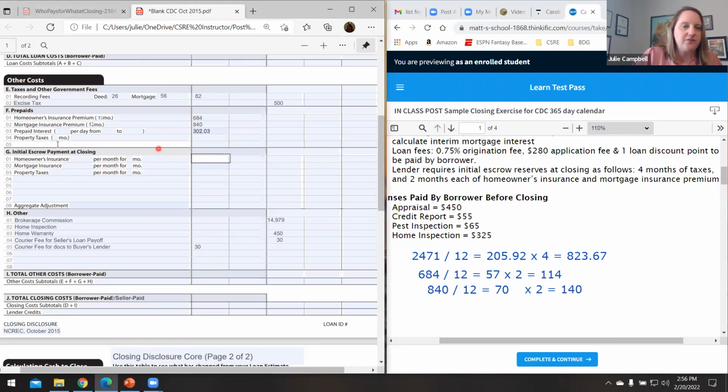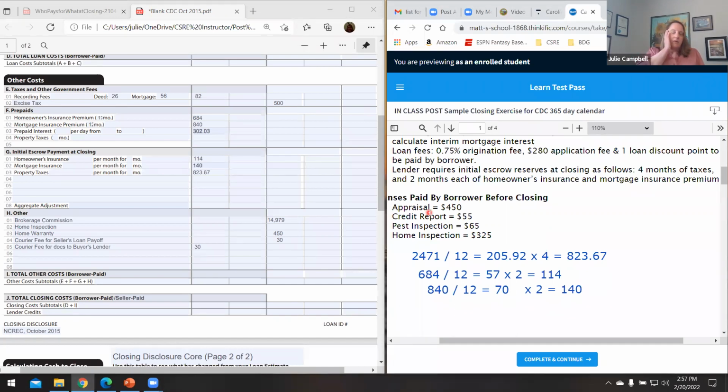Again, if you want to fill this stuff in, you're welcome to. What I care about is you get the number right in the column. So your homeowner's insurance, is that the 114? PMI is 140. And then your taxes are 823.67.